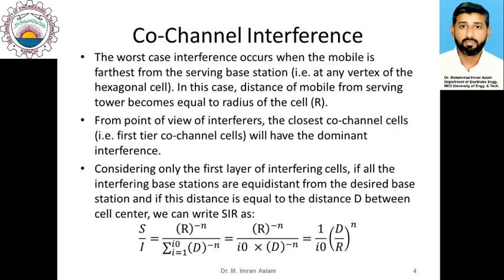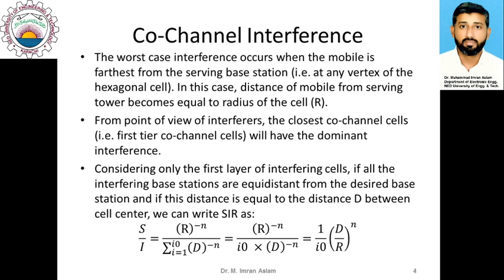Second thing regarding the interference is that because we are trying to calculate the interference at the mobile equipment, the most important case for the interference will be the one where the mobile equipment is placed at the farthest distance from the serving base station.